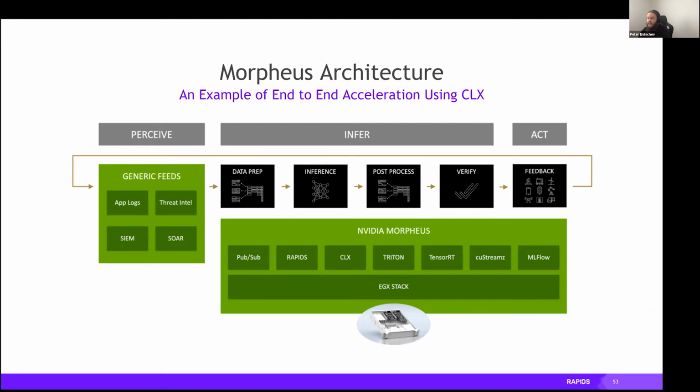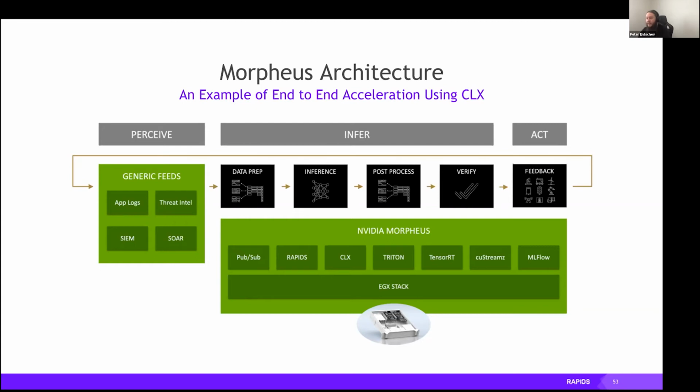The second phase is the infer phase. It consists of four steps. The data preparation is the ETL step, where we can use various of the Rapids tools we have covered already, CLX, cuStreamz, for example. Inference is the step that uses the Triton inference server. I'm not covering this here, but Triton inference server deploys trained AI models from any frameworks, such as ONNX.